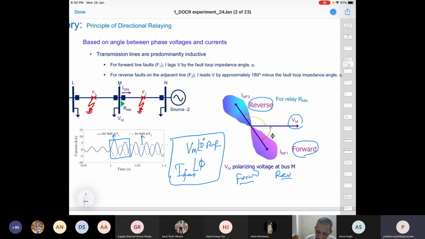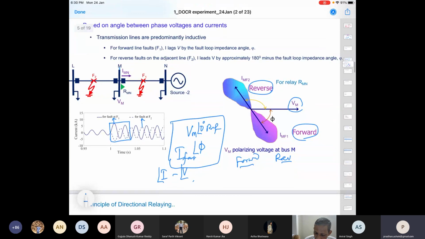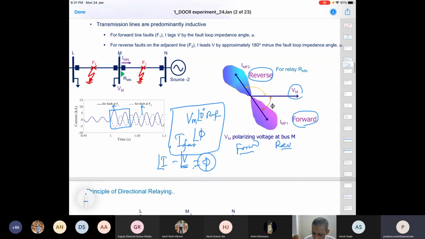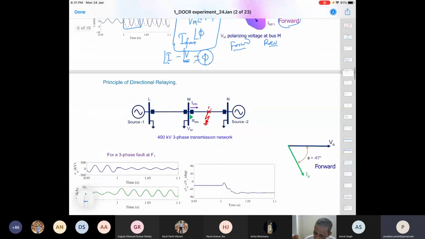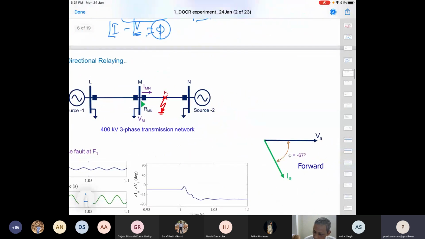If the angle of I minus the angle of V, where the angle of I is phi and the angle of V is 0, so with respect to this reference, if this phi becomes negative, then it is a forward fault.